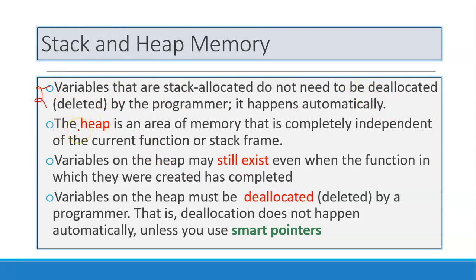On the other hand, the heap is an area of memory which, in most cases, is larger than the stack memory. But this is an area of memory that is completely independent of the current function's stack frame.